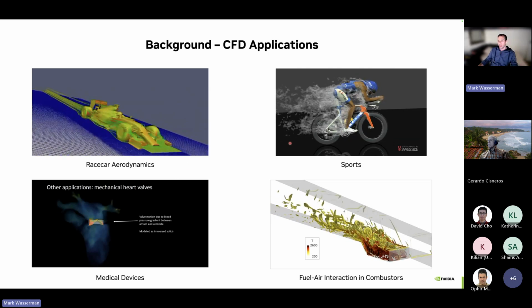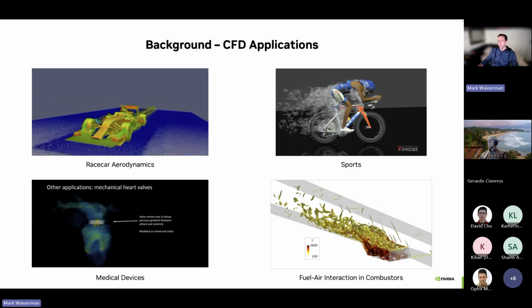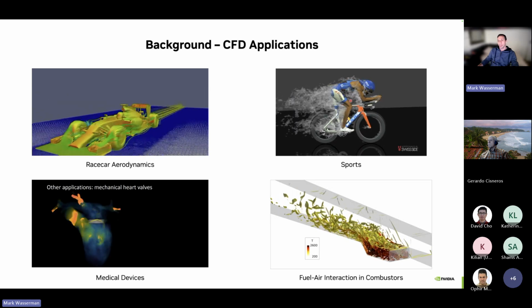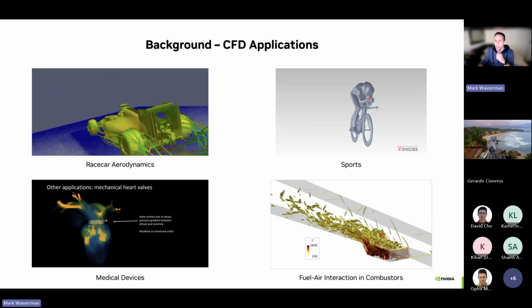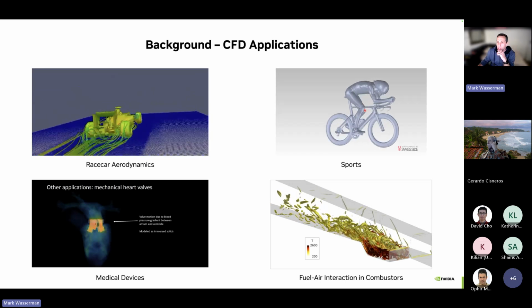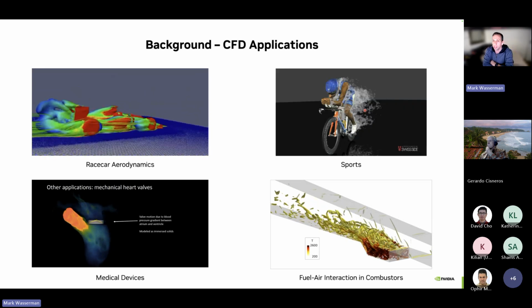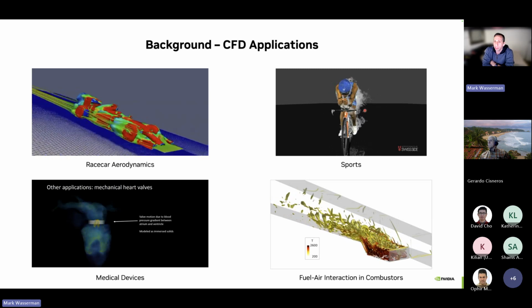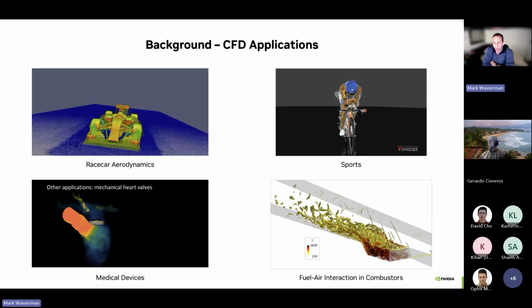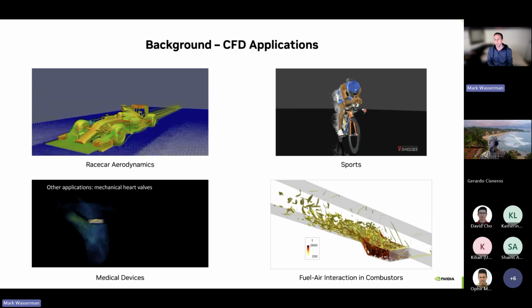In sports, such as the design of helmets for bicycles, this also shows you a representation of what a simulation of CFD can do. It can simulate the flow streaks and the shape of the flow following the body of the bike rider in this case.